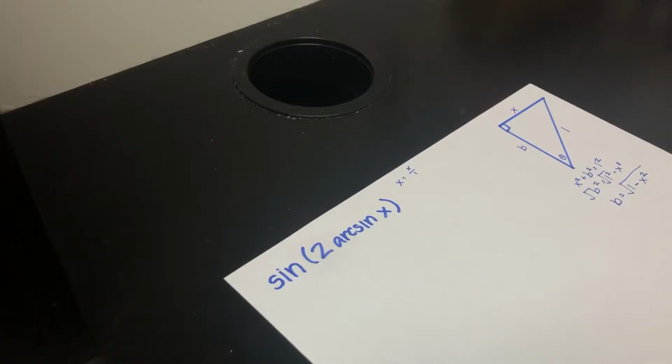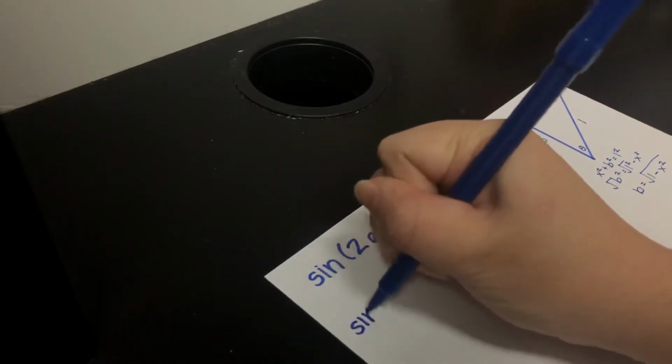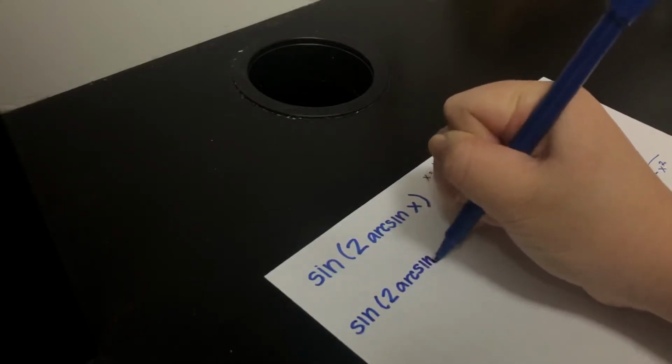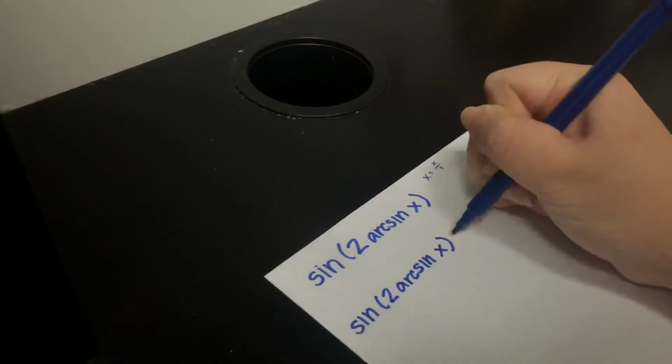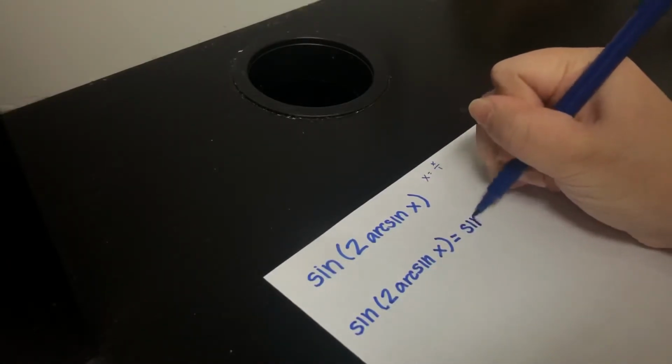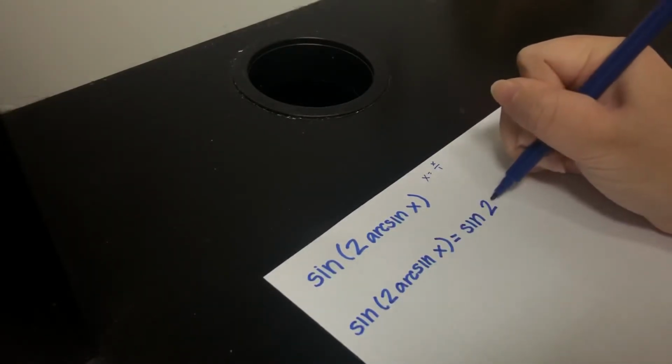The second step is that we remember from our given information, we rewrite this sine of 2 arcsine x as sine of 2 theta.